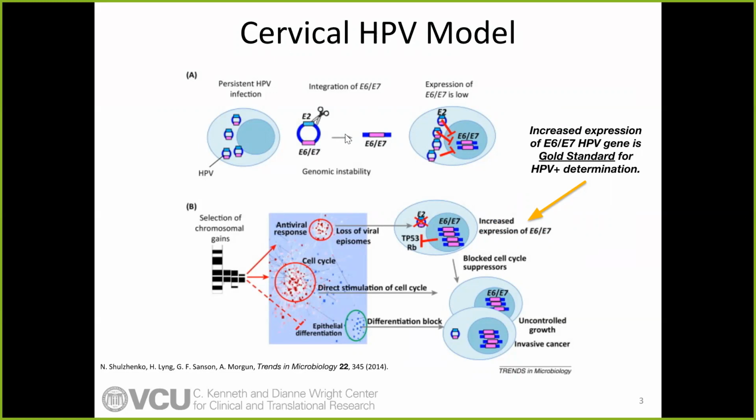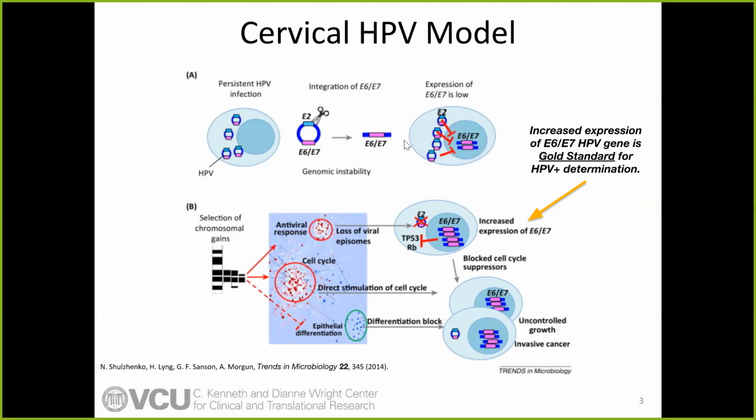However, at some point, the virus cuts out the E6, E7 gene region and inserts it into the human genome. So it breaks the human DNA and inserts its own DNA in there. So now the human transcriptional machinery is transcribing the E6, E7 gene, and not the virus. So once that happens, you now have E6, E7 in your genome.